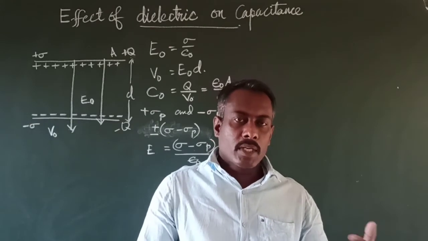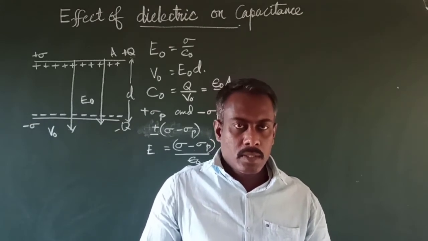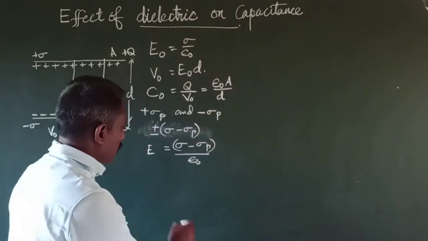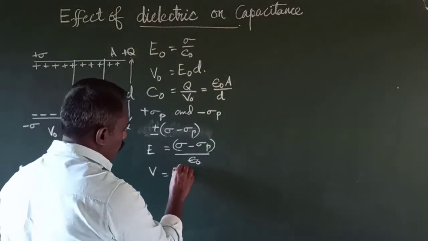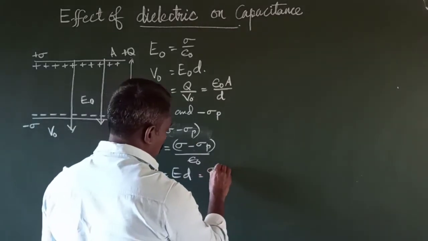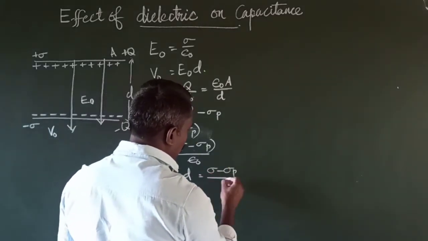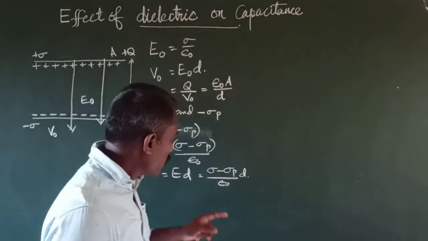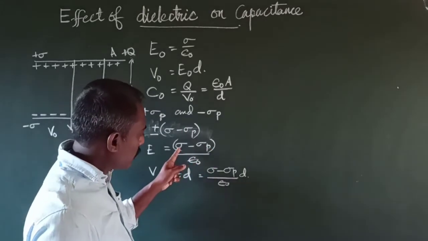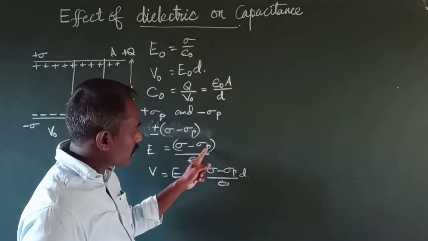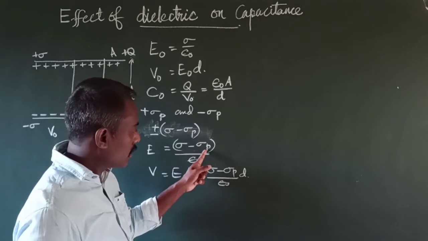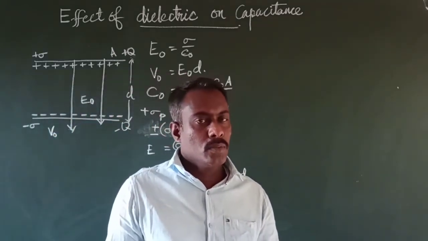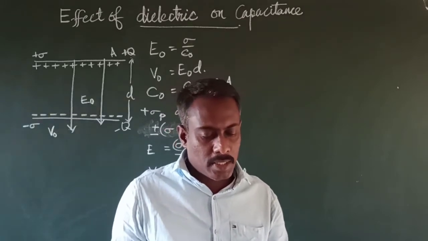The potential difference across the plates can also be written as V is equal to E into D, that is sigma minus sigma P divided by epsilon 0, into D. The difference between the surface charge density of the parallel plate capacitor and that of the polarized dielectric is proportional to sigma, the surface charge density.